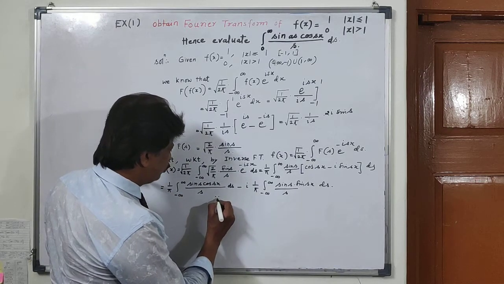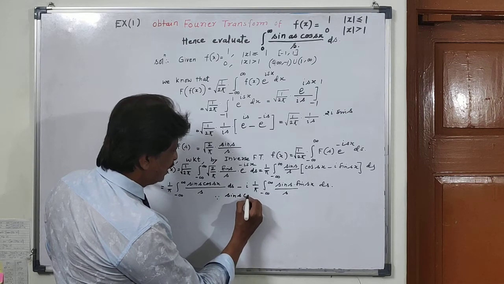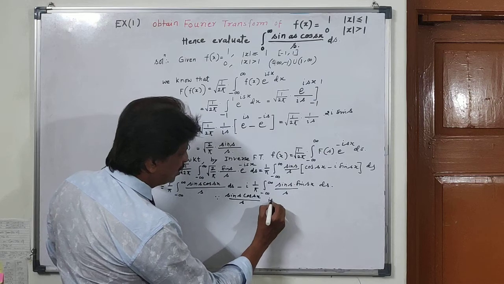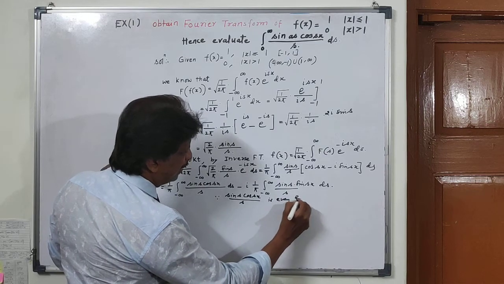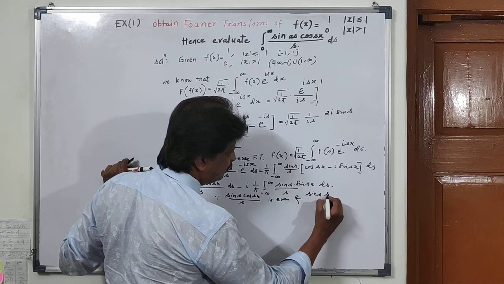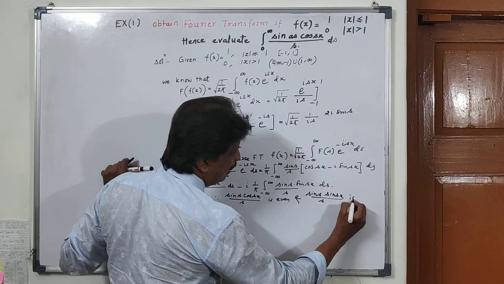Since sin s cos sx upon s is even, and ये फंक्शन sin sx upon s is odd.